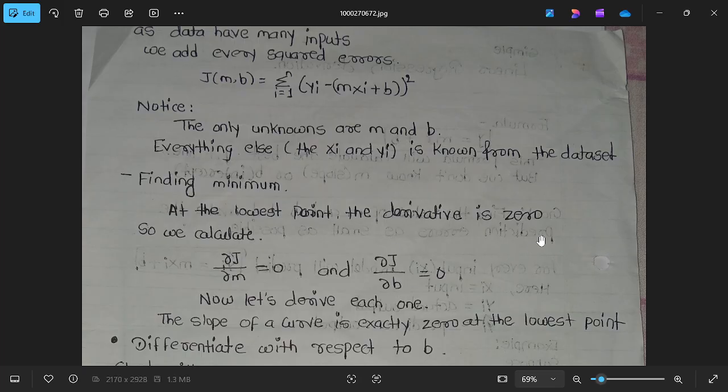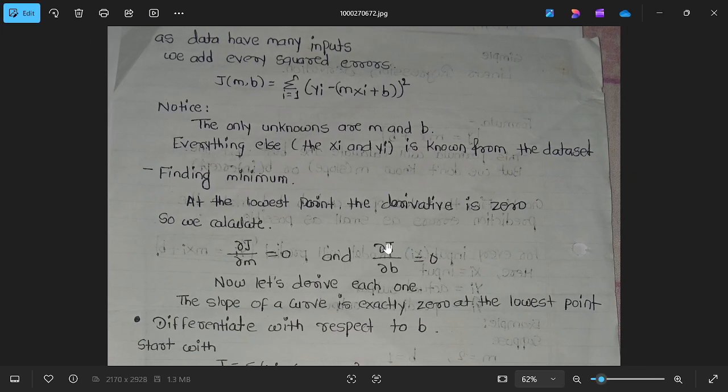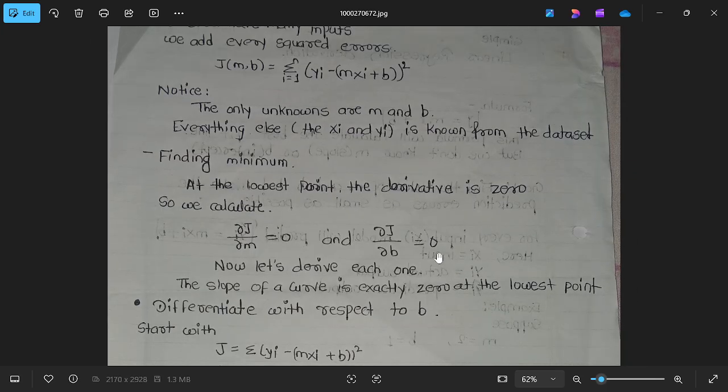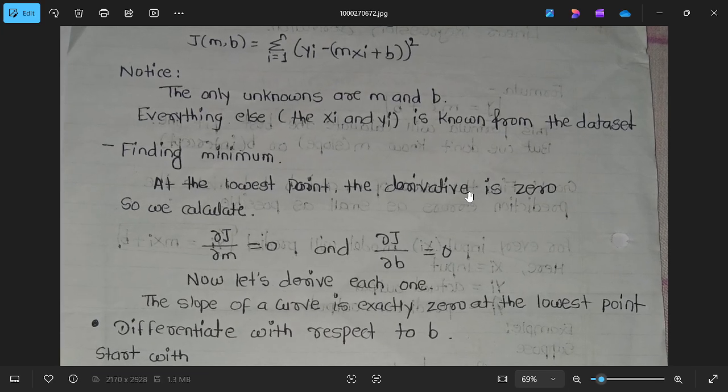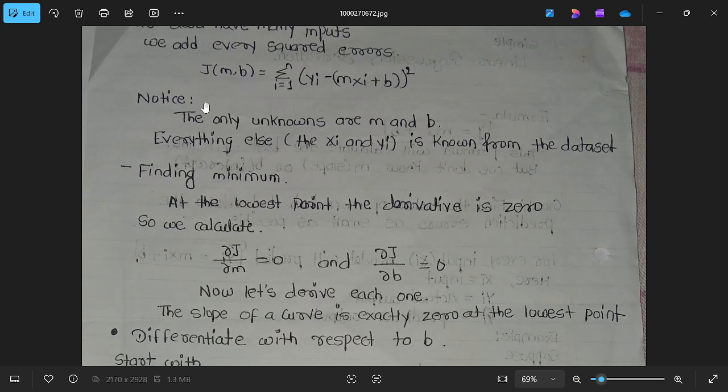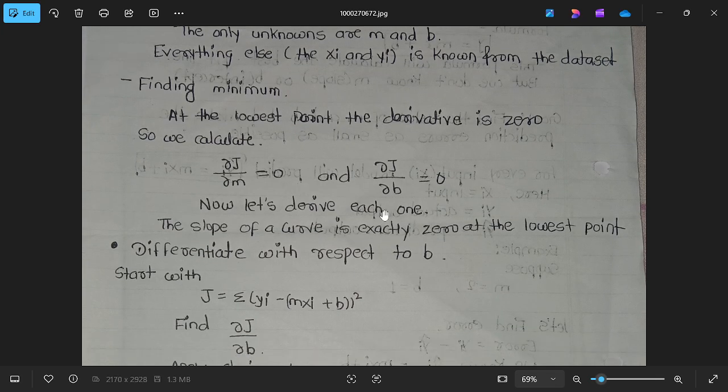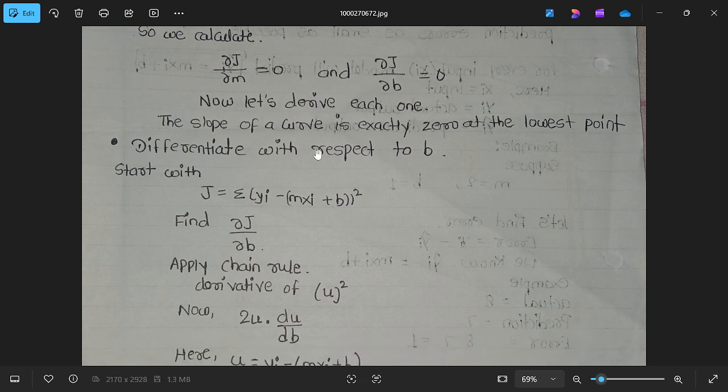The partial derivative is what we are going to apply here. And why do we set it equal to 0? Because the slope at the lowest point is 0, as we know, and we have put the zeros here. So let's keep in mind J is our loss function, and let's derive each.